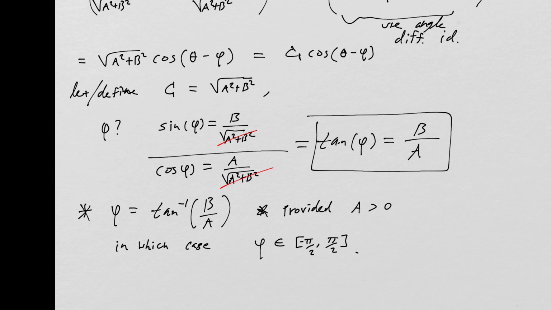What I want to show you now is just an example with real numbers. So let's consider the following problem. If I have 2 times cosine of theta plus the square root of 12 times sine theta, what I want to know is what's the amplitude and the phase shift that best describes this function.